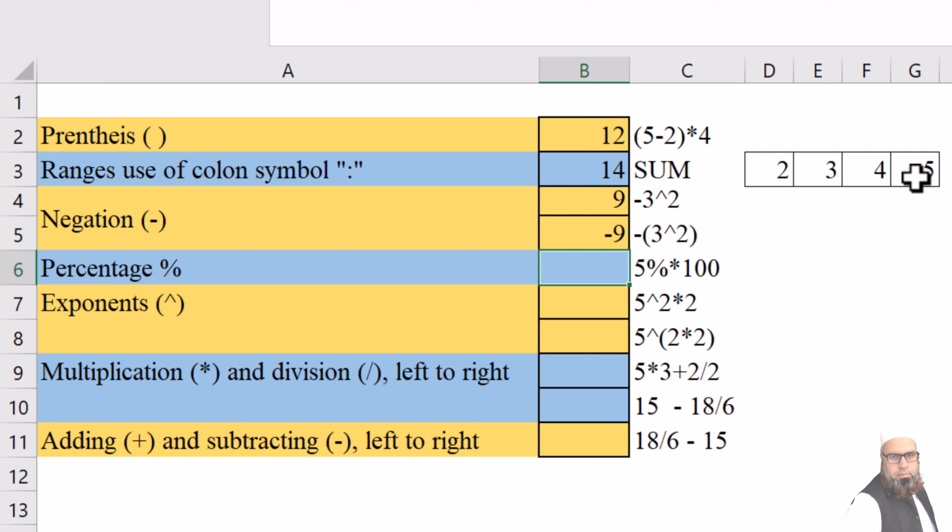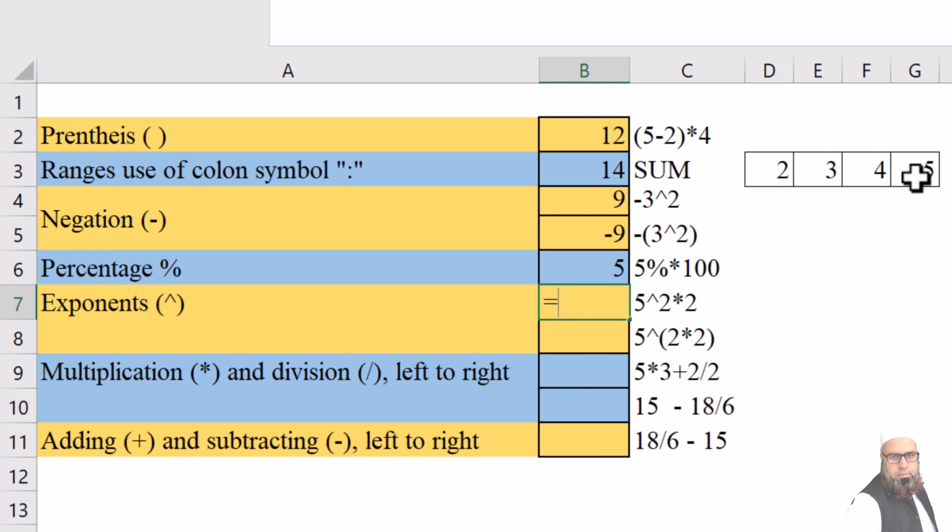In the next function we have 5% times 100, equal to 5% multiplied by 100. Firstly, Microsoft Excel will convert 5% into decimal form, that is 0.05, then multiply by 100, that is 5. In exponents, again we have two examples. The first is 5 raised to power 2, times 2.